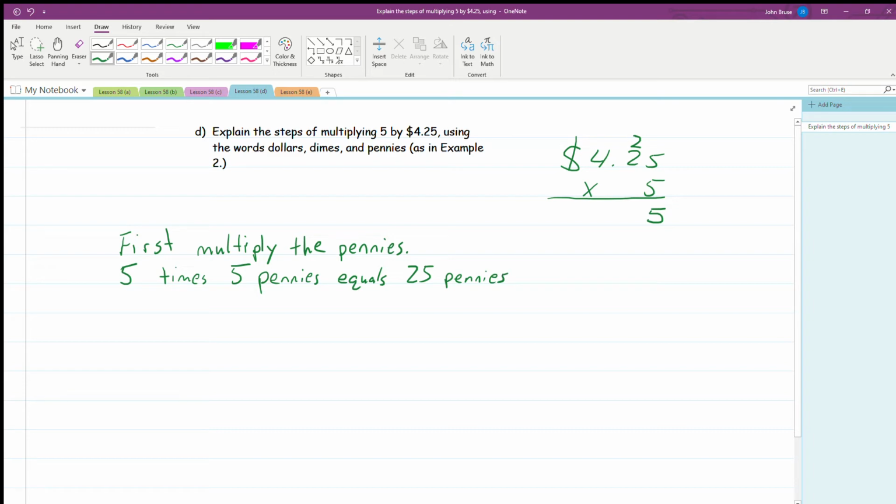We're going to go ahead and write a period there. 25 pennies equals 2 dimes and 5 pennies.